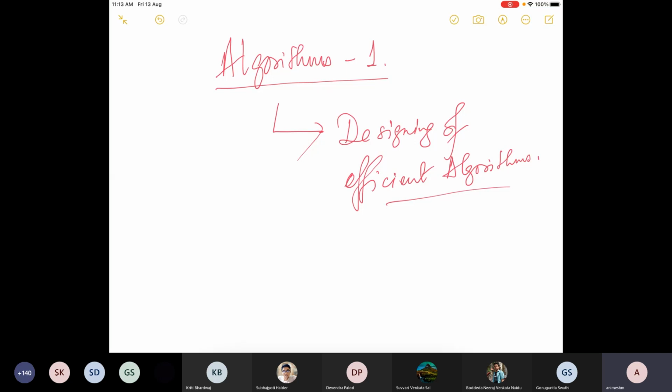In all the forthcoming topics, you will need to estimate the efficiency of the algorithms that you design. So that's why this chapter is connected to all the other topics in the course.